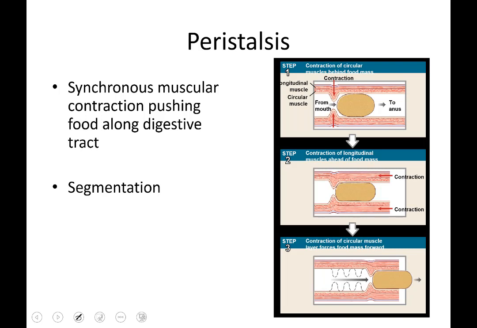And that's with peristalsis. We have the circular that's actually going to constrict there, and it pushes the bolus of food forward. And then we have the longitudinal kind of pulling the tube back. That helps move this bolus of food even more forward.